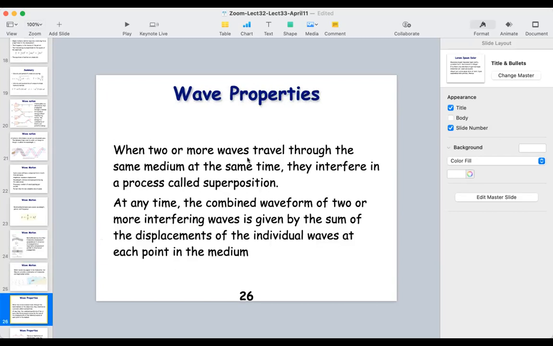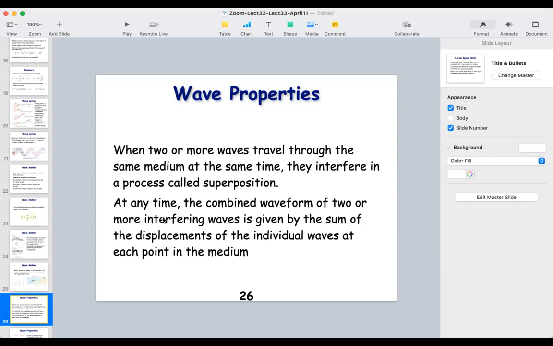When two or more waves travel through the same medium at the same time, they also interfere in a process called superposition. I'm sure you have already seen this. For example, if you are in a lake and you throw a stone that generates some waves, and then you throw a second stone that generates other waves, these two are superimposing.